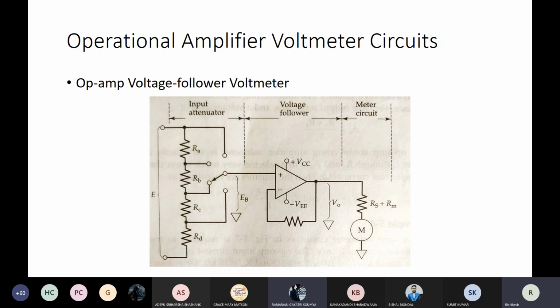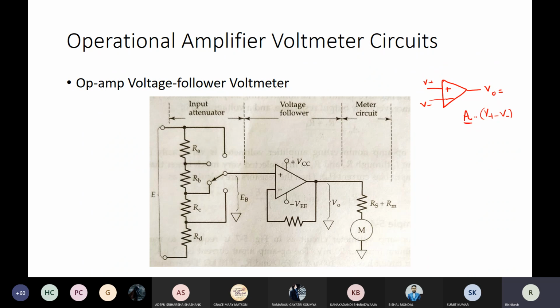So what is the basic characteristic of an op-amp? It is a differential amplifier. So what will be the output voltage? How can you express it? Proportional to V plus minus V minus, into the gain of the op-amp, right?